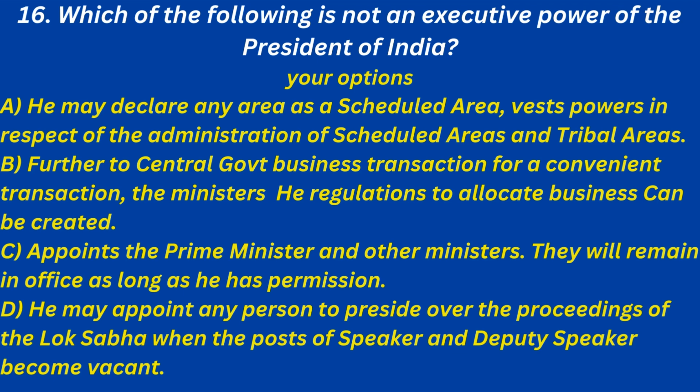C. Appoints the Prime Minister and other ministers. They will remain in office as long as he has permission. D. He may appoint any person to preside over the proceedings of the Lok Sabha when the posts of Speaker and Deputy Speaker become vacant. Your time starts now.